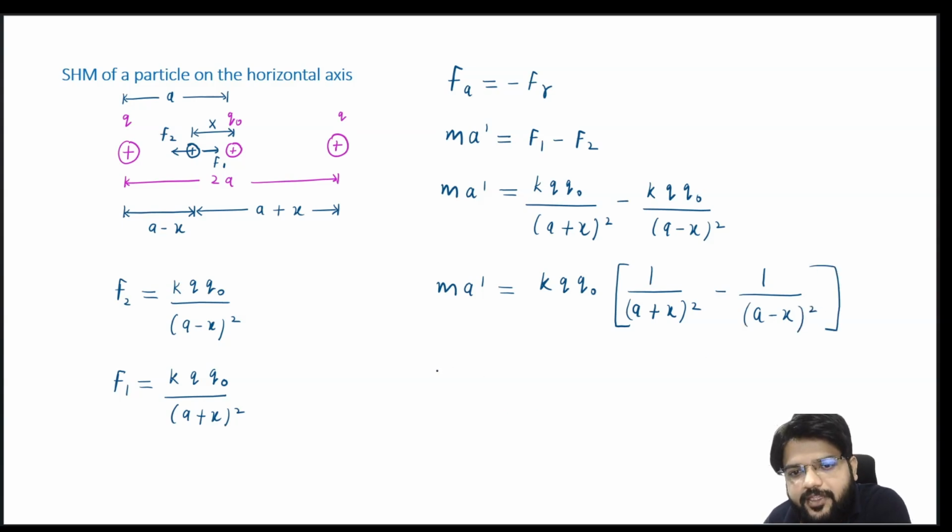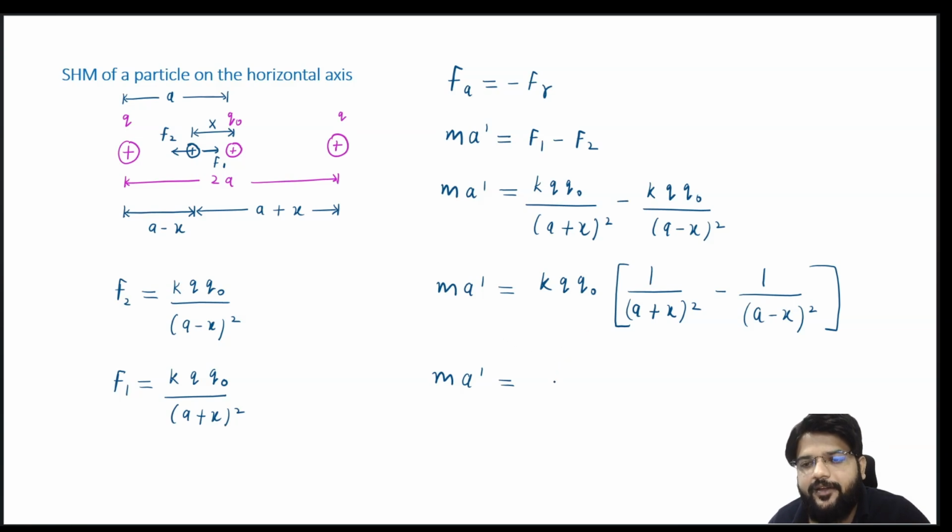Correct. Now simplify this, then let's see what we will get. m a dash equals... If you take the LCM here, everyone, we have 1 by a plus x whole square minus 1 by a minus x whole square, correct? If we take the LCM, then we will get 4ax over a square minus x square whole square.